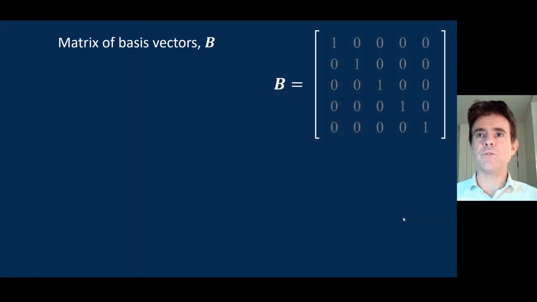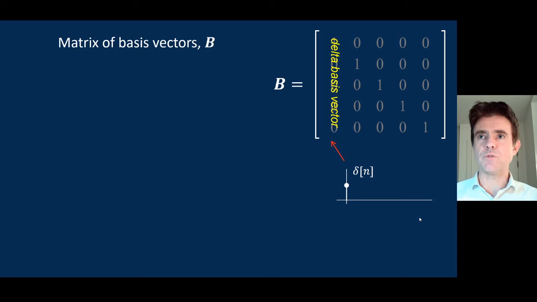So here now we can see that we have a matrix of basis vectors, and these are those delta basis vectors or delta basis functions that we just saw in the previous slide. So you can see here I've got the delta function centered at an index of 0, and so that's 1 and then all zeros just stored in that column of the matrix.